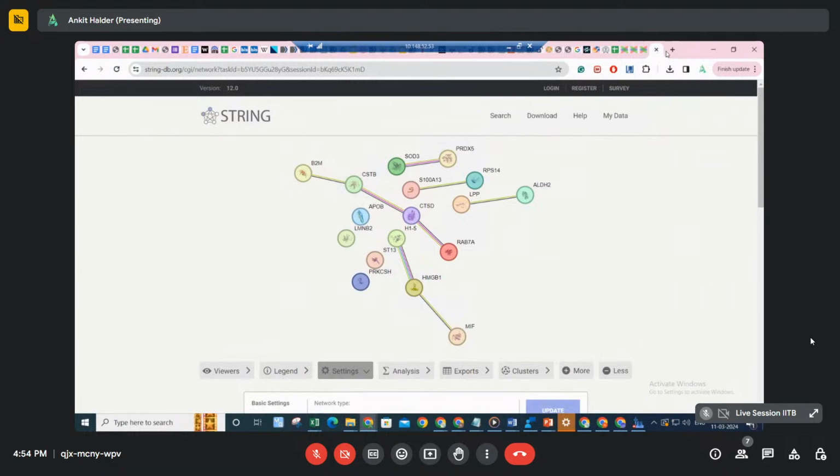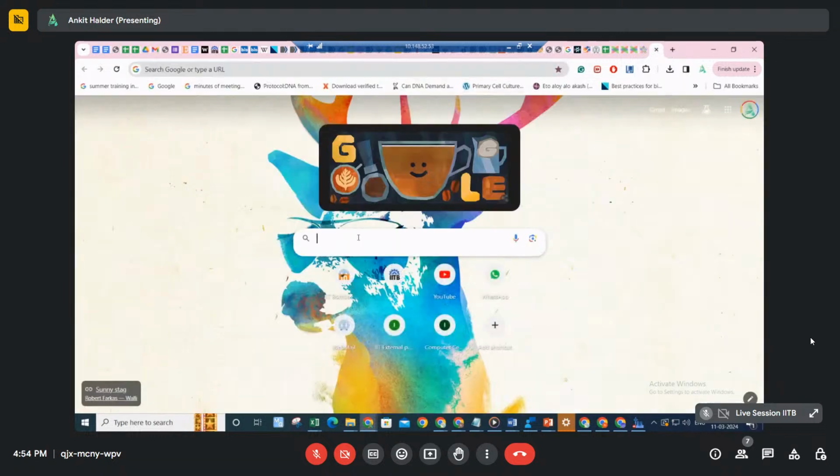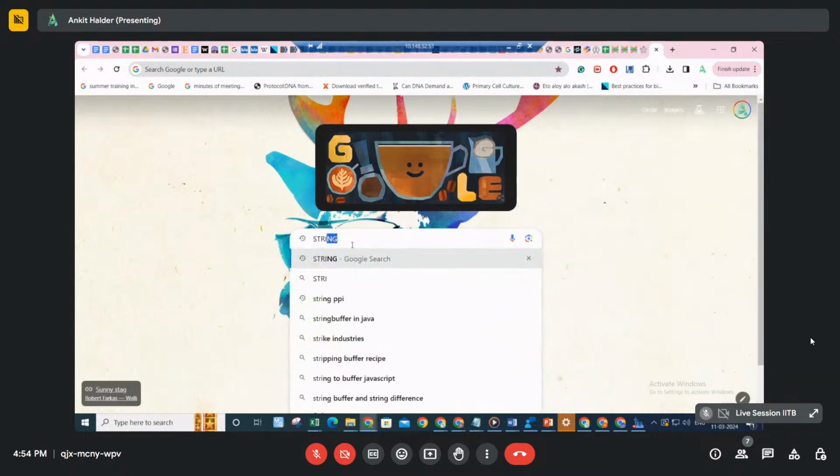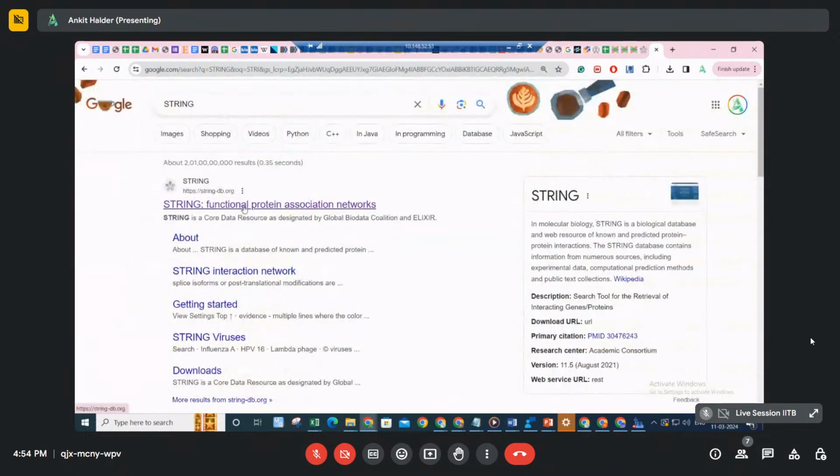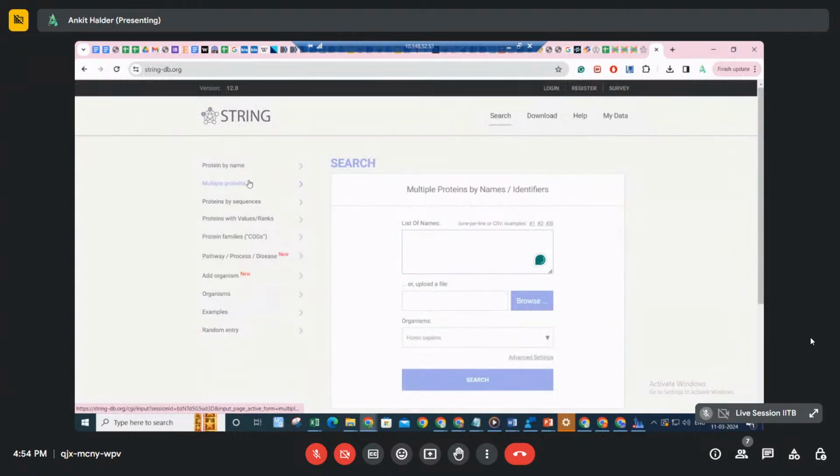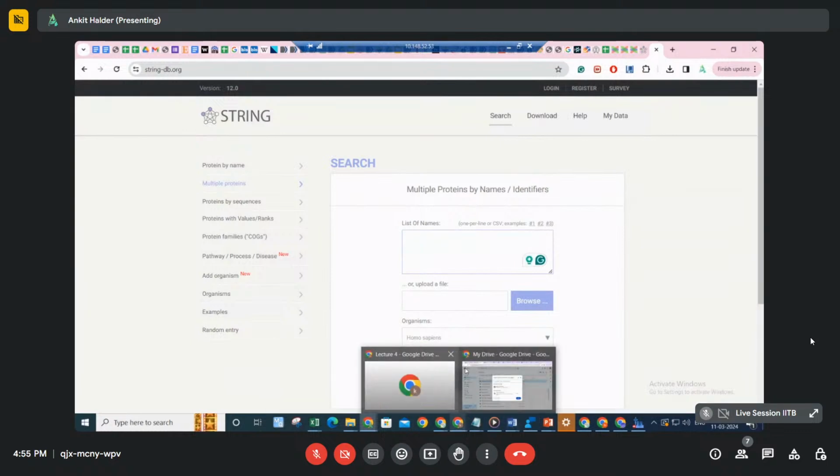So this is another tool, that is STRING. Just type STRING, and this is the functional protein association network. You just click on multiple proteins and give the list of the names of those proteins.